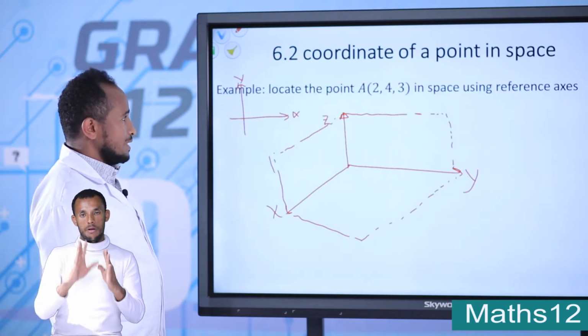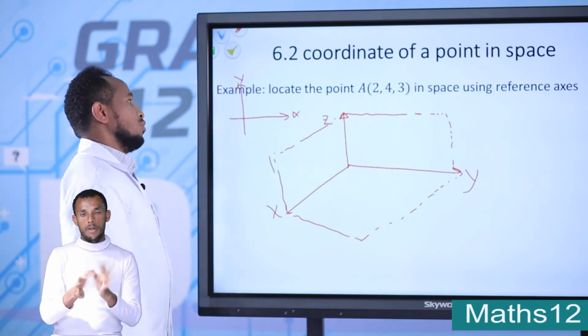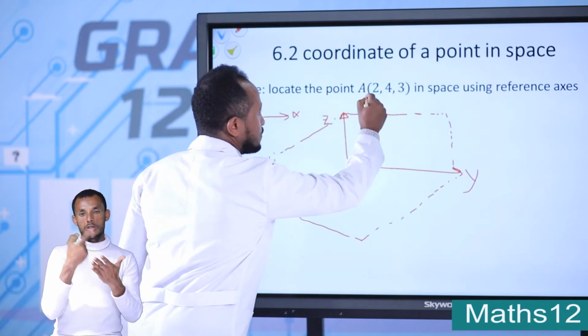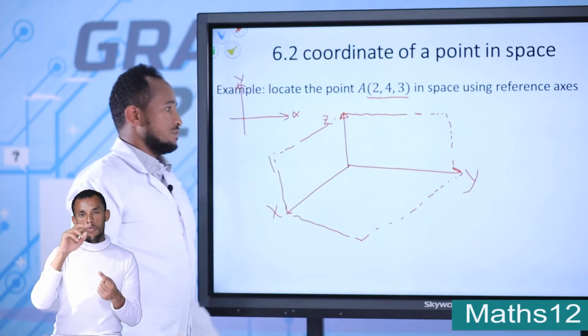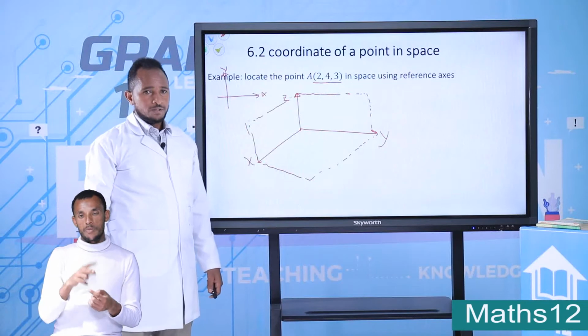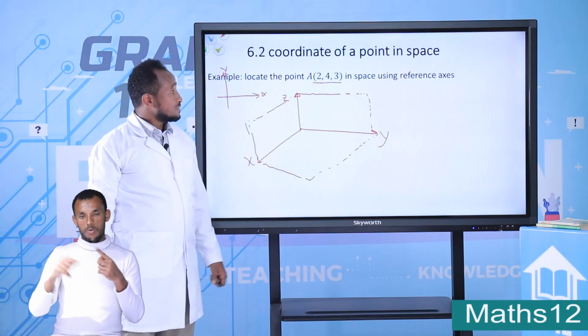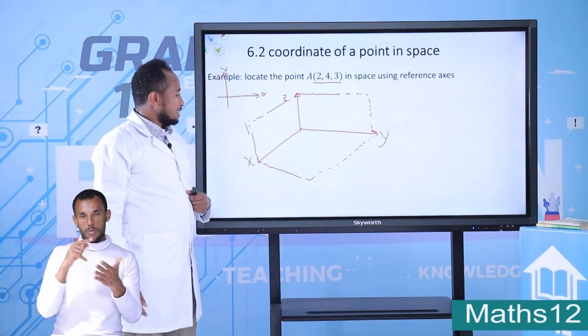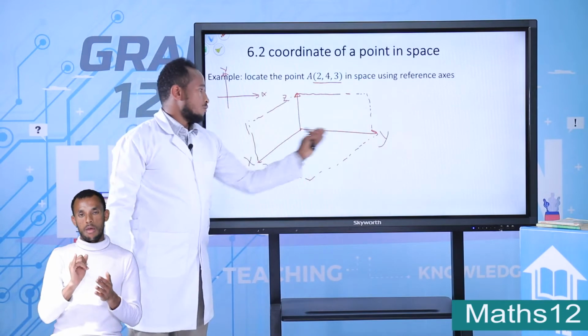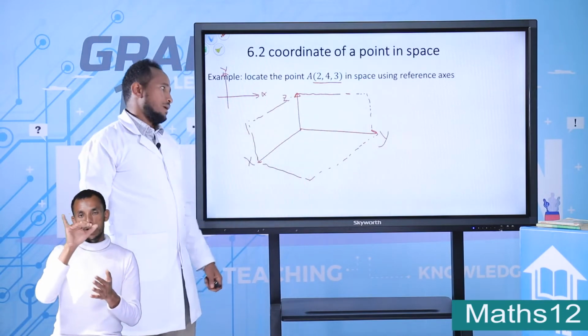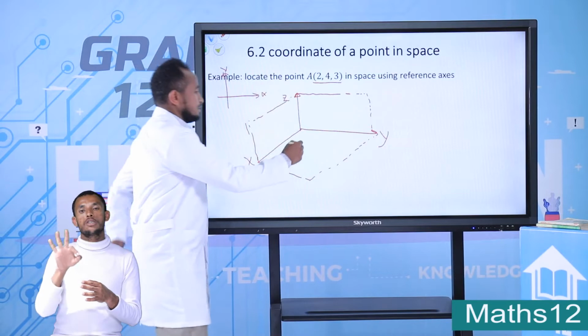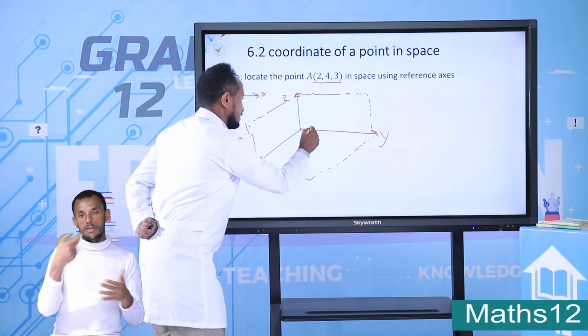Let's see an example. Let's try to locate the point (2, 4, 3) in this space. To locate this point, I need divisions on the y, x, and z axes. So let's divide the y-axis.